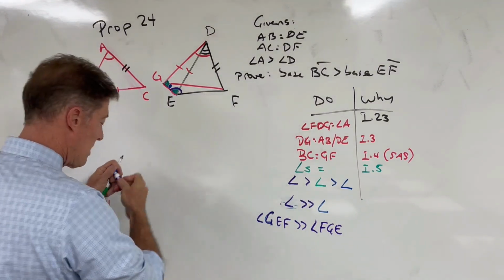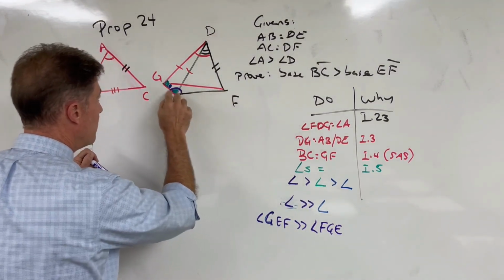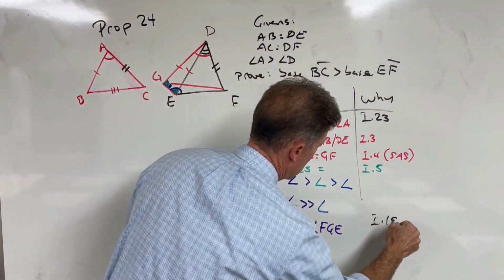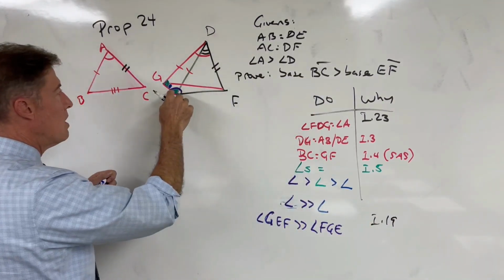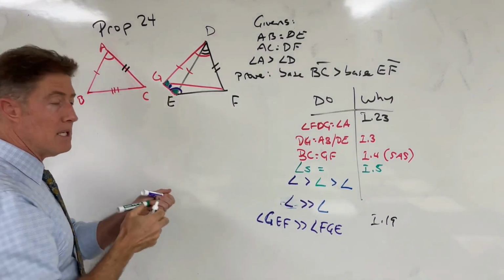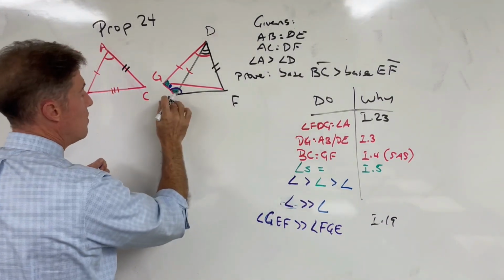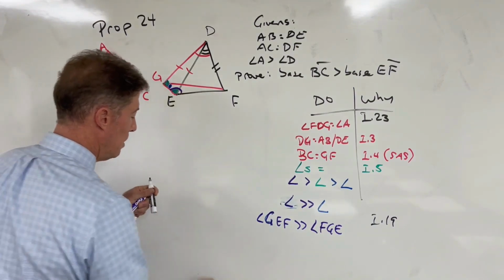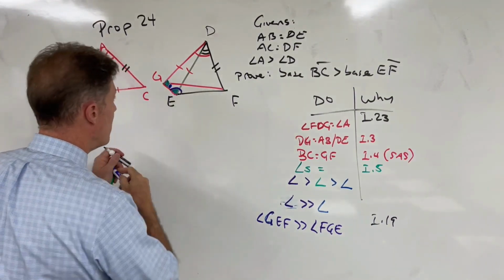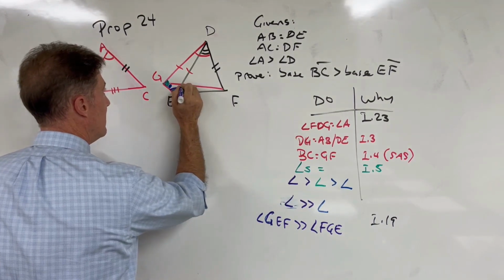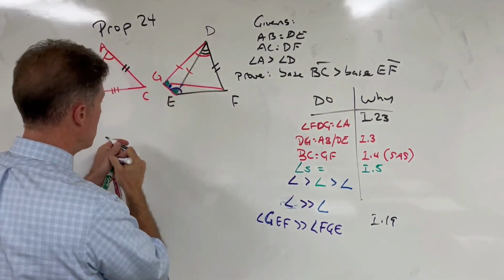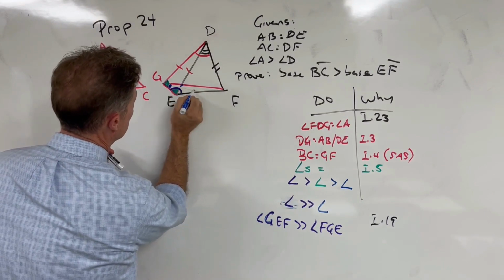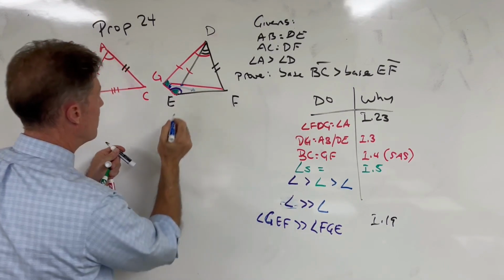But in this triangle here, now let's consider this triangle, we know from Prop 19 that in a triangle, the greater angle is subtended by the greater side. So since this angle in purple is much, much greater than the angle in blue, we know the side subtending this angle, namely this line here, is going to be much, much bigger than the side subtended by this angle, which would be this one here.